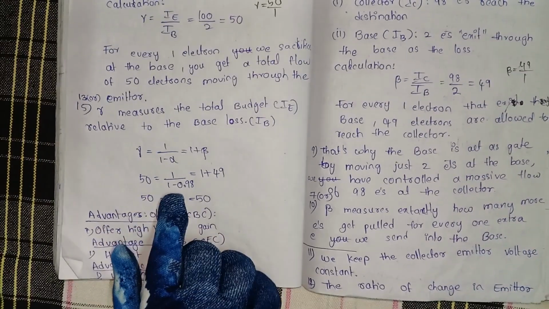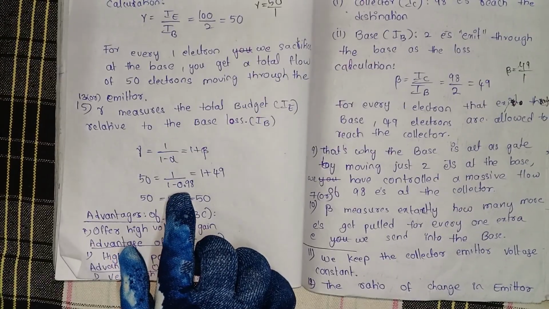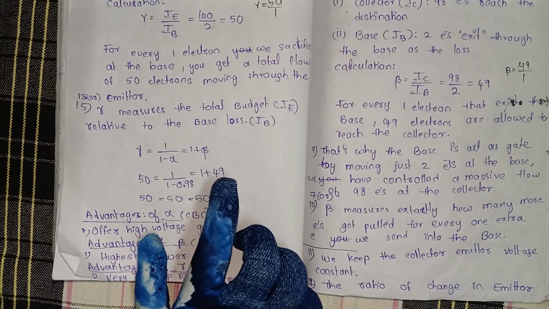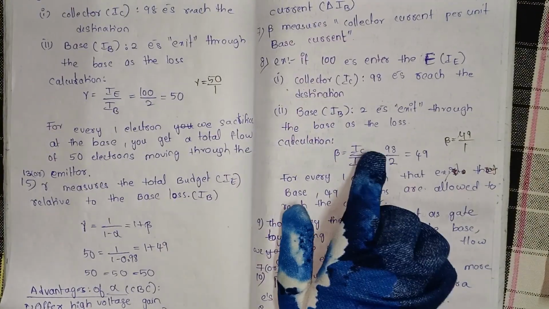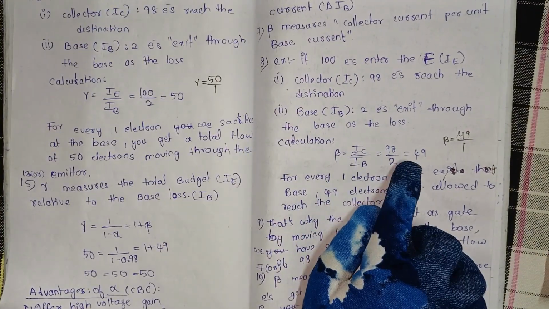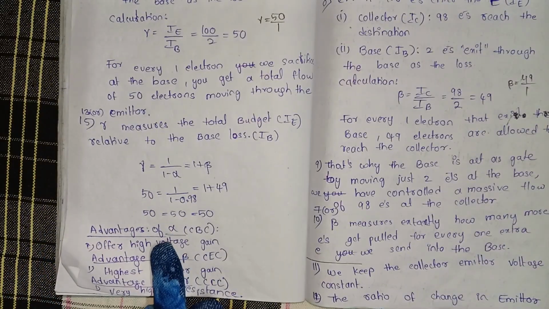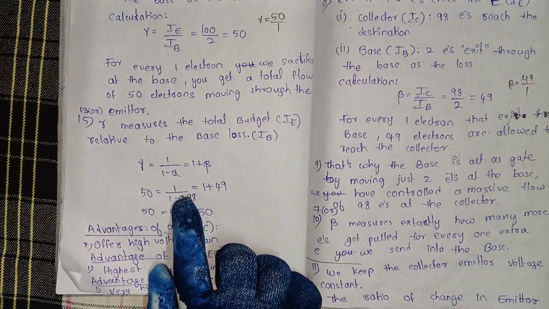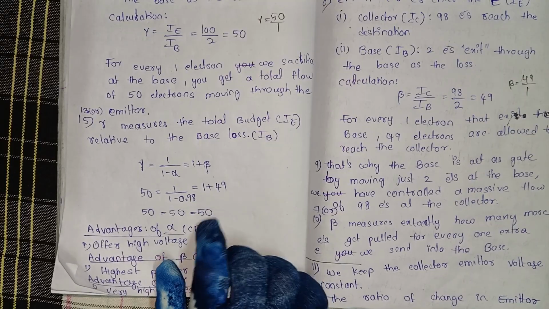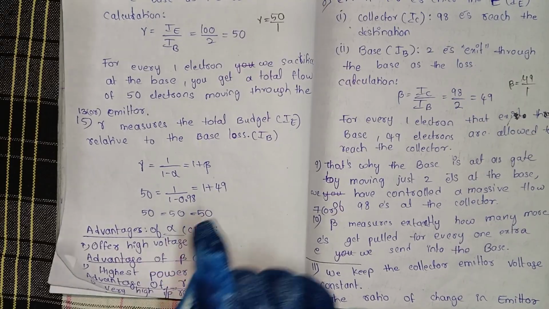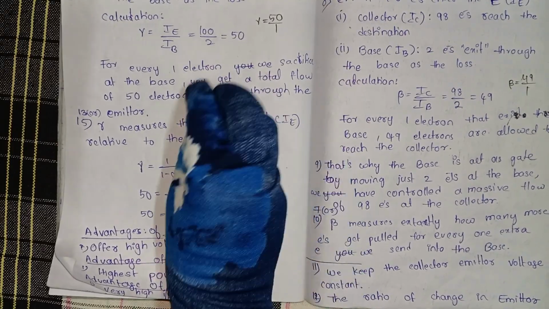So we are substituting here 1 by 1 minus alpha. Earlier we got alpha is 0.98. So substituting 1 by 1 minus 0.98, that is equal to 1 plus 49, where beta is 49. If we calculate this, we get 50, and 1 plus 49 is also 50. So this relationship is verified for this example.